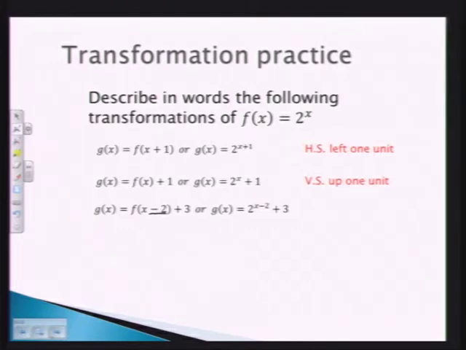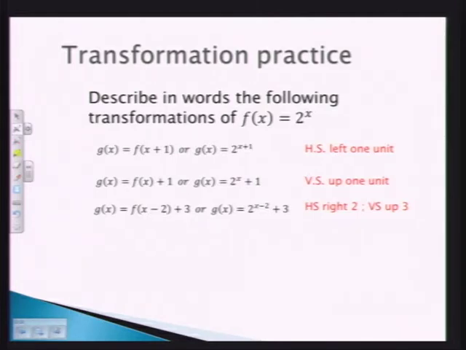As you recall, that is a horizontal shift, and horizontal shifts go the opposite direction of what we think it would do, so instead of going left, it's going right. And outside of the parentheses we're adding 3, which is a vertical shift, which goes exactly as we would think it would. So we have a horizontal shift to the right 2 places and a vertical shift up 3 places.